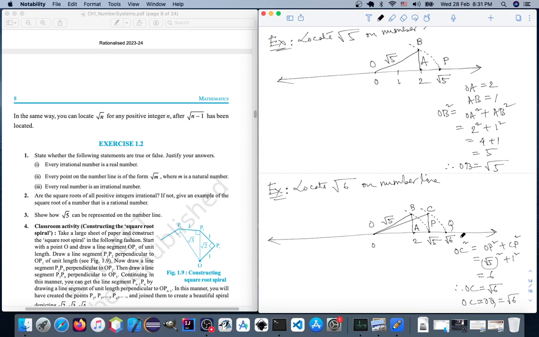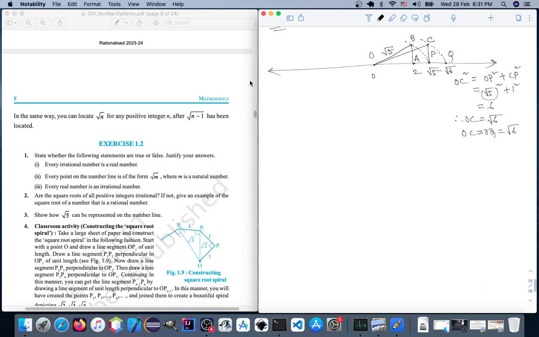So we directly locate the number 3 on the number line. And at that point we draw a perpendicular of unit length, and we join the upper point of the perpendicular with the origin, and we draw an arc. And as per Pythagoras theorem, the meeting point of the arc and the number line will represent root over 10.